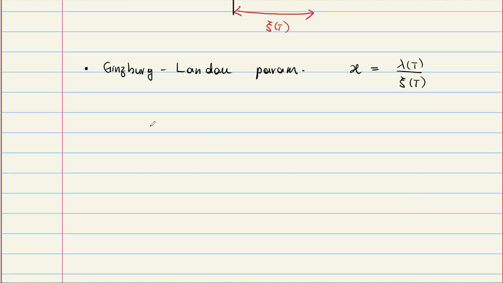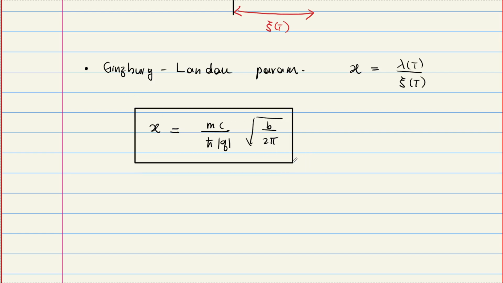At the end, this kappa becomes mc over h bar q, let me put it like this: b over 2 pi. Good.